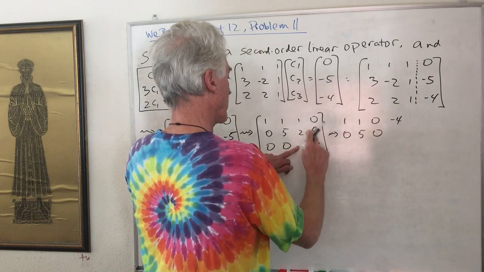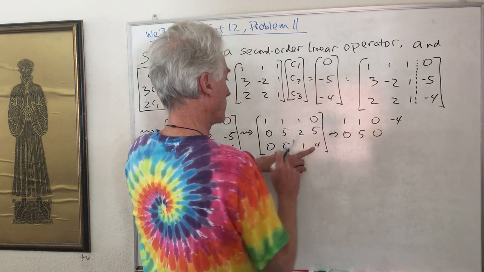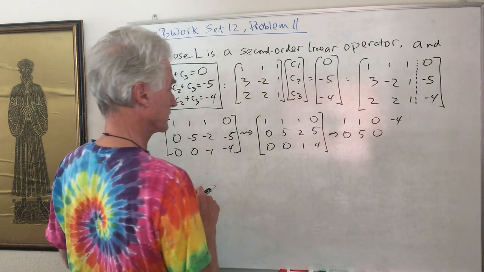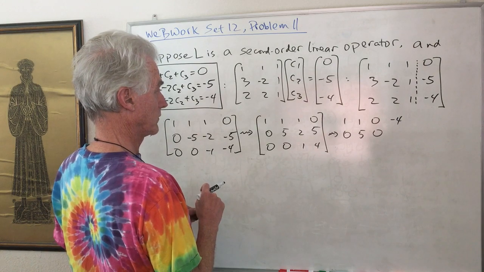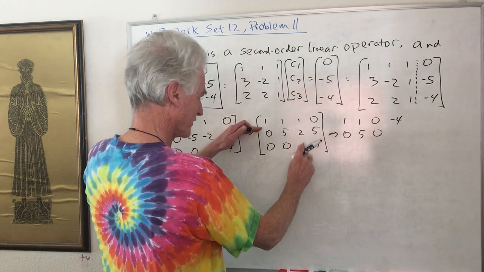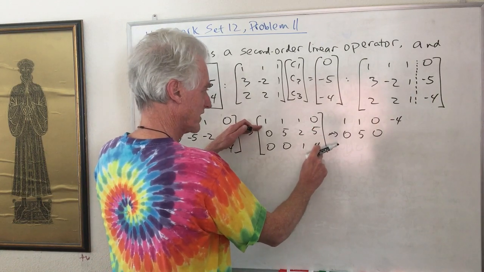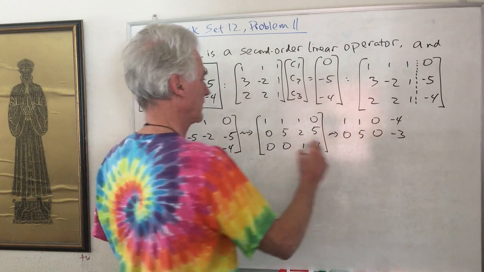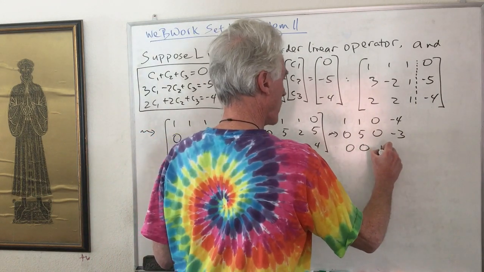And that minus twice that is 4 minus 10... let me see, 5, I take 2 minus 2. 5 minus 8 is -3. Okay, and then I have 0, 0, 1, 4.